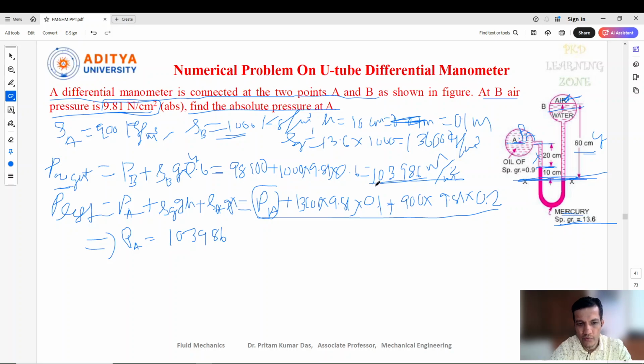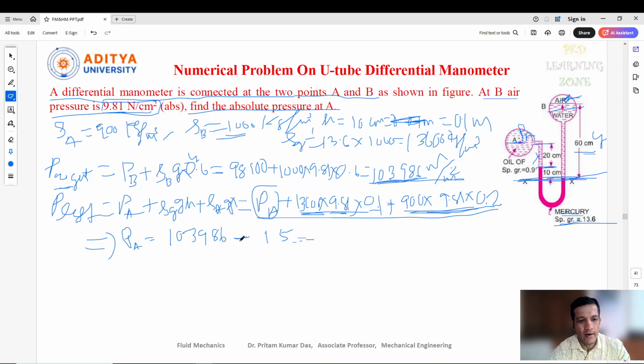PA equal to 1,03,986, this is the pressure at the right side, minus all these things, plus this value. In total we get something like 13,600 into 9.81 into 0.1, plus 900 into 9.81 into 0.2. So near about 15,000 will come.